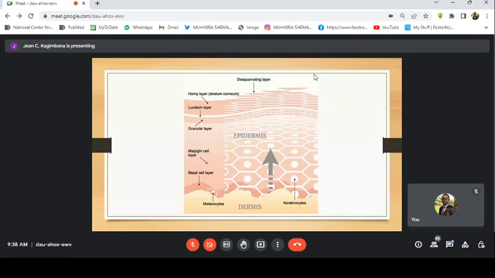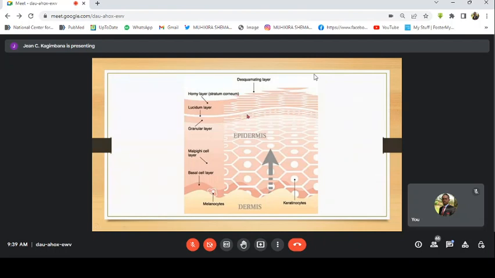Yes, yes. Now, you see the turnover comes from the basal cell here up to the dermis. Here you see it's polygonal, but here it's already flat and contains a nucleus that has changed its configuration, its form.